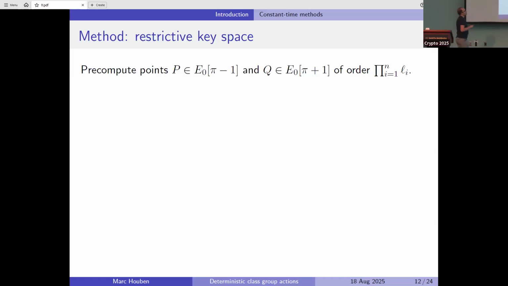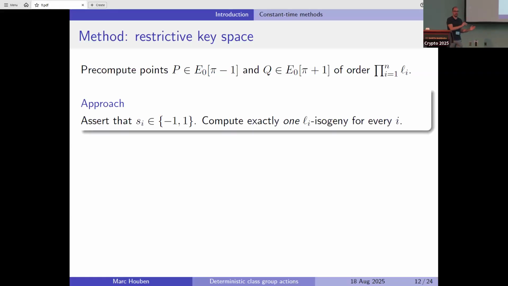So another method is to pre-compute these so-called full order points. So using these points of order the product of the ℓi's, we can always compute actions by a binary ideal class.